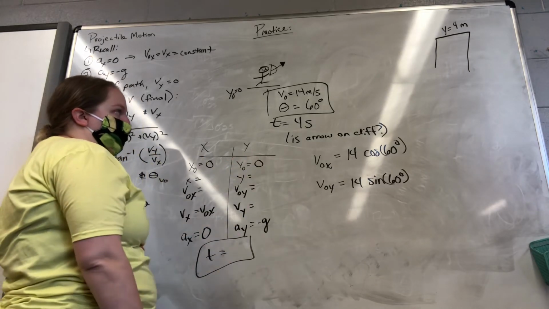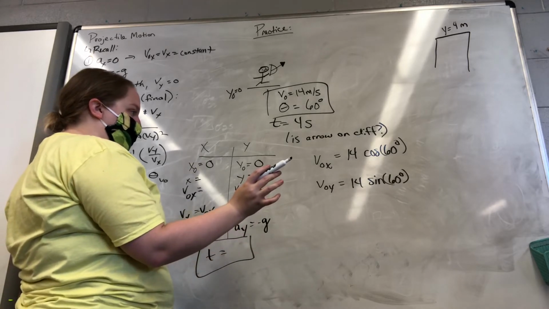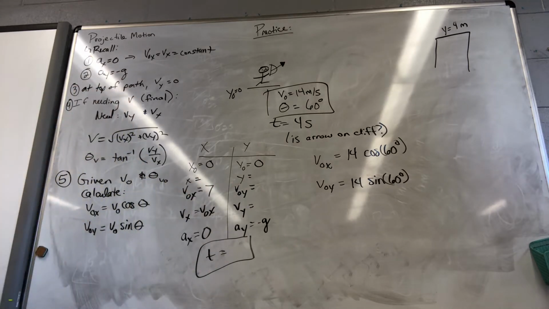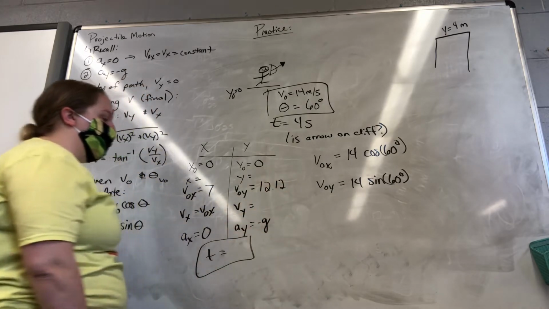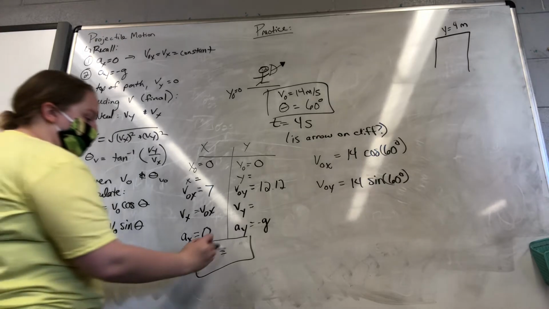I got 7 for V naught x. Yeah, it's in degree mode. And for V naught y, I got 12.12. And for time, we have 4 seconds.